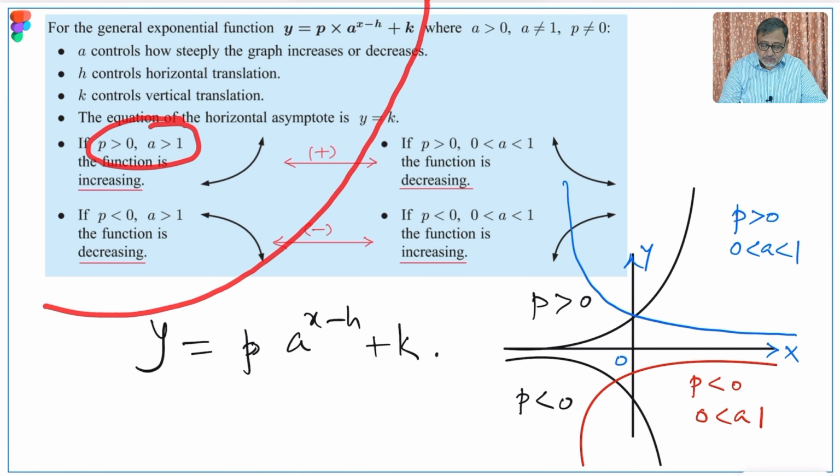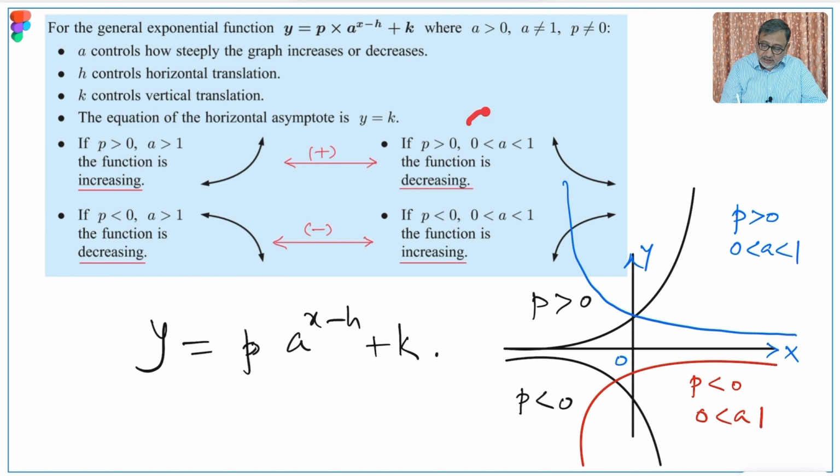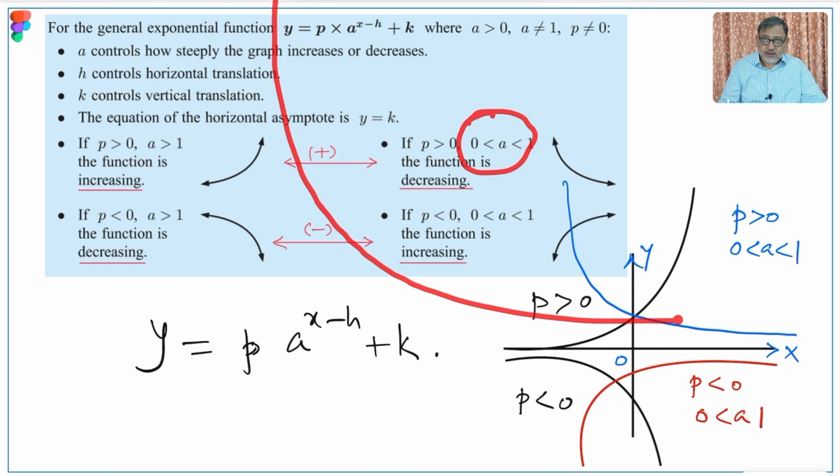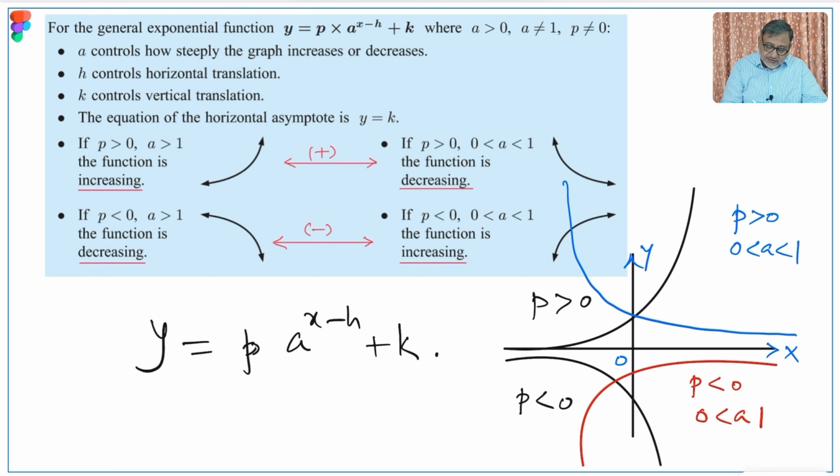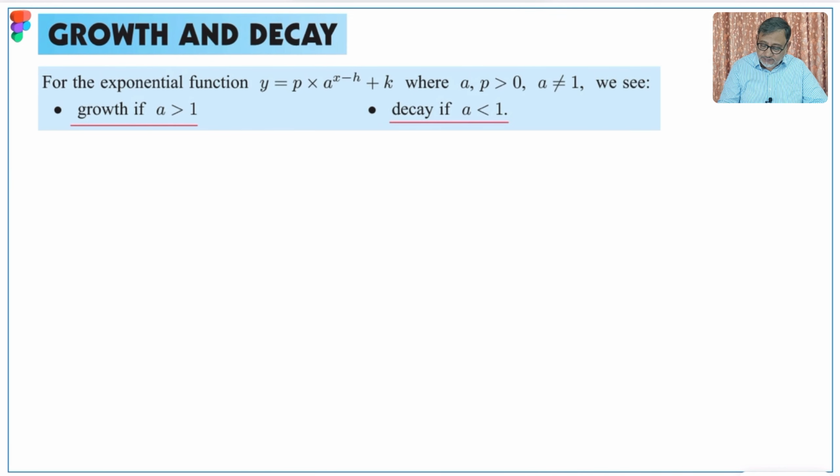And when a is between 0 and 1, you get a decay graph like this. And when the coefficient changes from positive to negative, both the graphs will be reflected in the x-axis because your y value will change by a minus sign. The same thing is mentioned here, growth and decay graph.